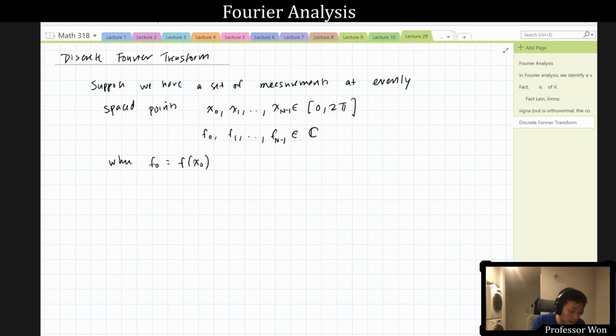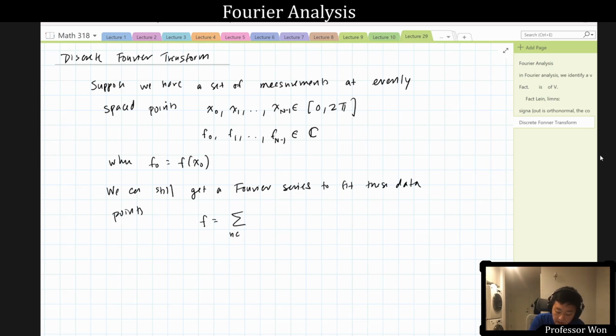So we can still get a Fourier series to fit these data points. In other words, we still want a function that's a sum of the phi n's, or the e to the I n x's that look like this. Actually, I think I want e to the I n x here.